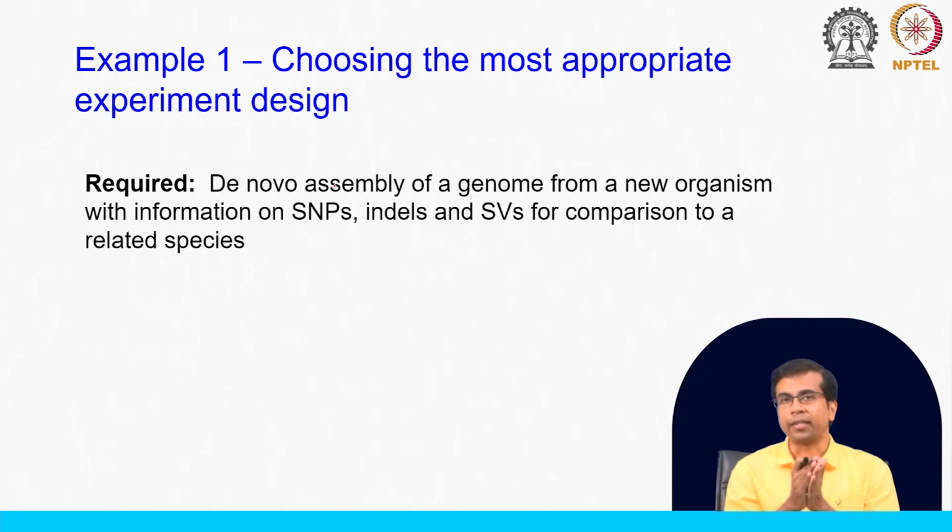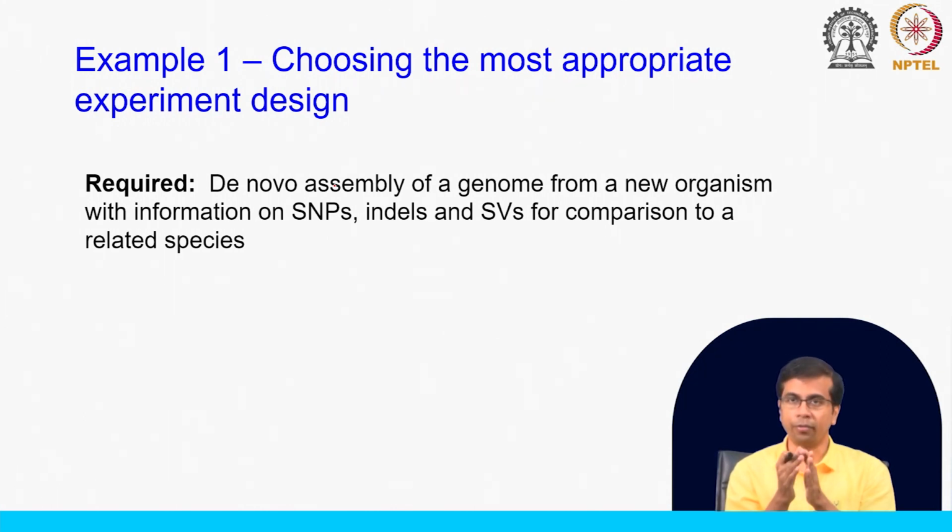So, this is the first example: how do you choose the best experimental design for your project. Let us take this scenario where we want to do a de novo assembly of a genome from a new organism, which has not been sequenced before, and we want all the information on single nucleotide polymorphisms, insertions, deletions, and structural variants, for comparison with a related species.